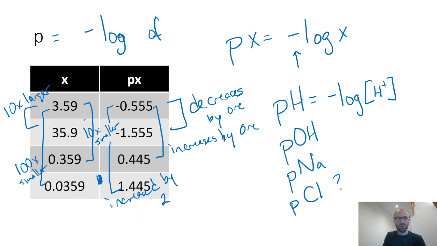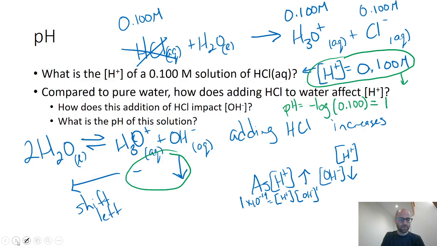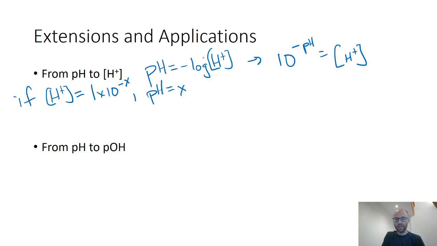We see when you perform the p function on non-1 values, like 3.59 times 10 to the first or 3.59 times 10 to the negative first, the pH is not a whole number, and that's okay, but you can still use that application here to convert back to your H plus concentration.